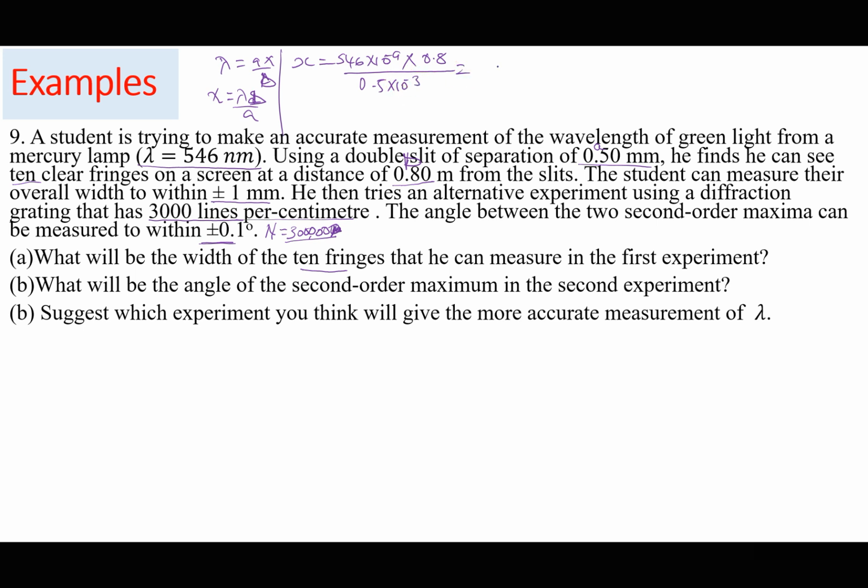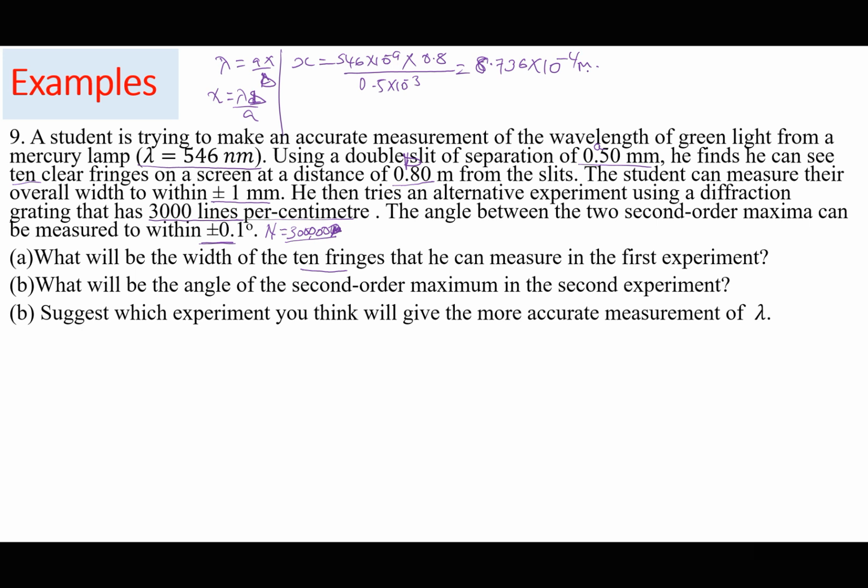So when I press my calculator, 546 exponent minus 9 times 0.8 divided by 0.5 exponent minus 3, this is giving me 8.736 times 10 to the power of minus 4 in meters.